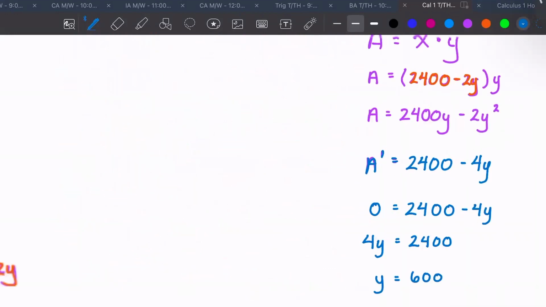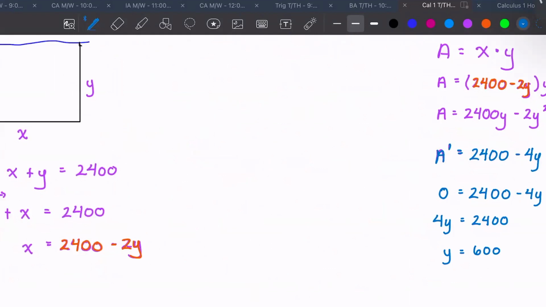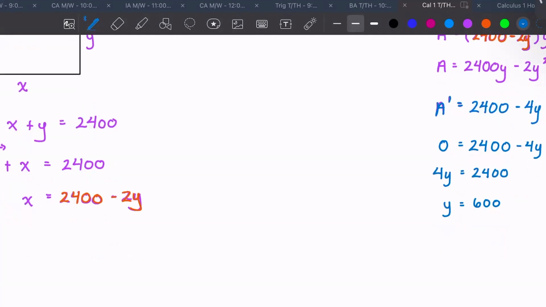So the length of y is 600. Our question says, what are the dimensions of the fence that will produce the largest area? And then what is the maximum area? So we need to know what x is as well, right? We know that x is 2,400 minus 2y, and we know what y is.